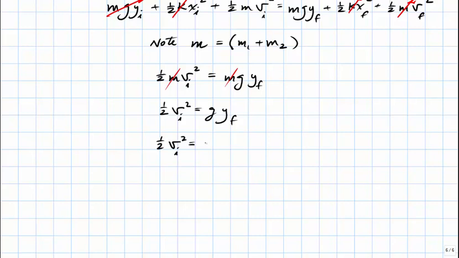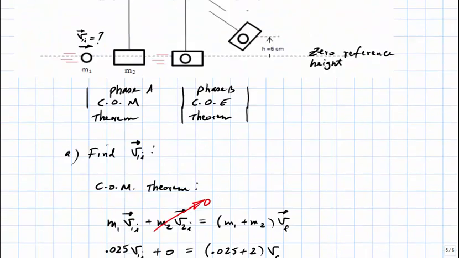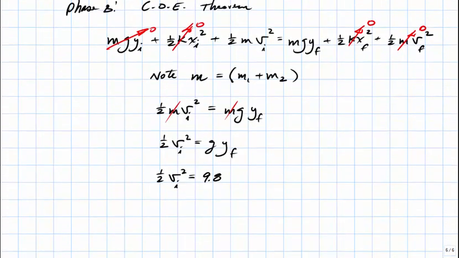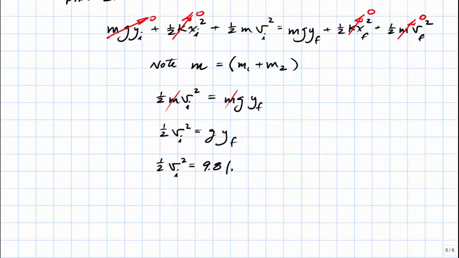Now, of course, g equals 9.8, and the final elevation equals 6 centimeters, which we'll enter as meters. So the 6 centimeters will be entered as 0.06 meters.